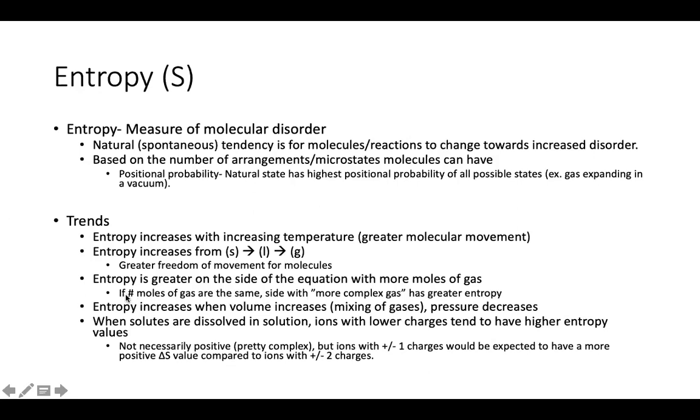Okay. Now, if you're ever comparing reactants and products and their entropies, and you have the same number of moles of gas on each side, the side with the more complex gas will have greater entropy.